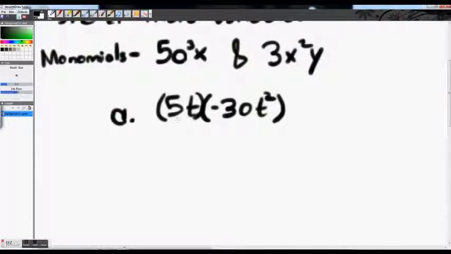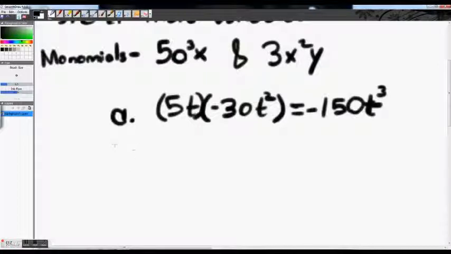So we multiply 5 by negative 30, and our result is negative 150. And we take t, multiply it by t squared, and we get t cubed. So we're really multiplying together like terms when we're multiplying two monomials.